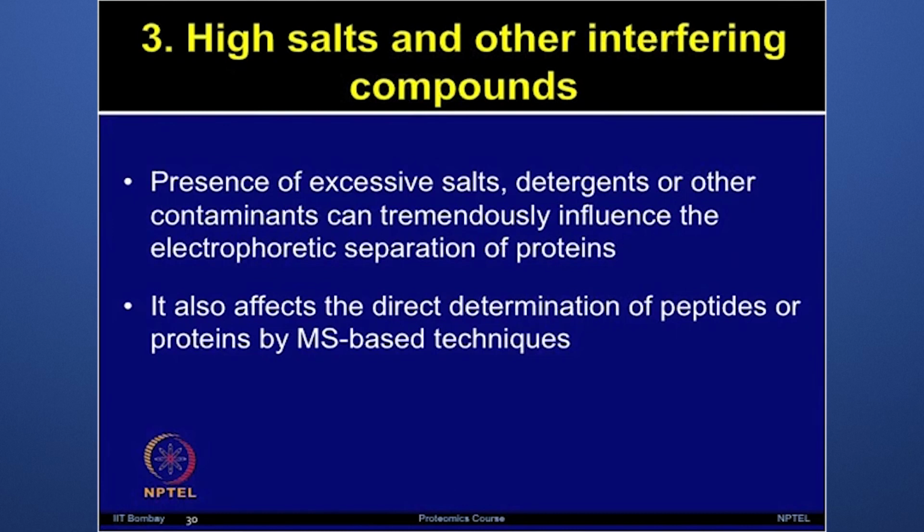It also affects the direct determination of proteins or peptides by mass spectrometry based techniques. So, regardless of whether you use a gel based or gel free method, you have to ensure that the overall salt component is removed efficiently from the serum or plasma.